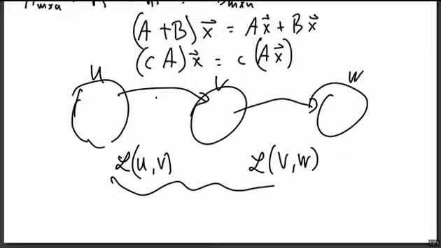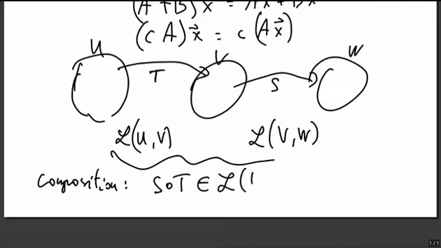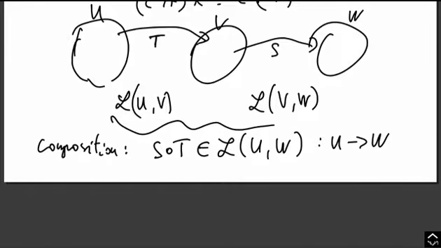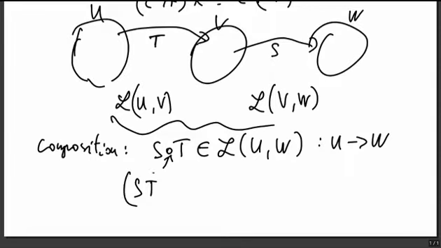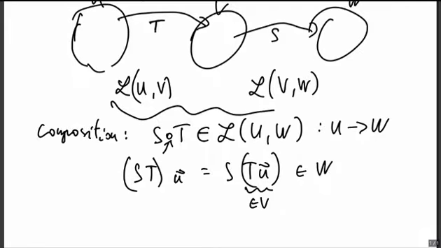For example, if we had one specific transformation T from U to V and another transformation S from V to W, then the composition S circle T will be a linear transformation from U to W. Usually we don't write the circle notation, we just write ST. This composite transformation has the effect on u of first applying T onto u, and then once we are in V, we can apply S. So you get an element of W.